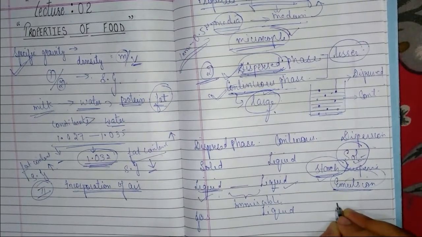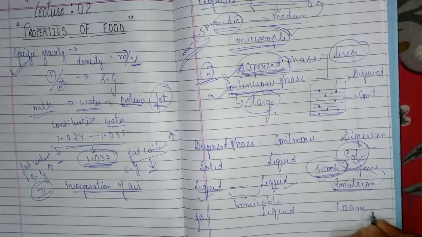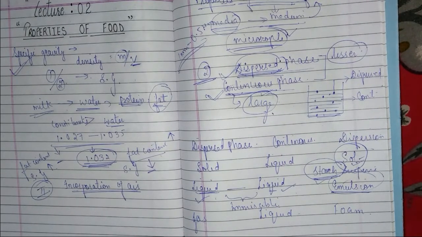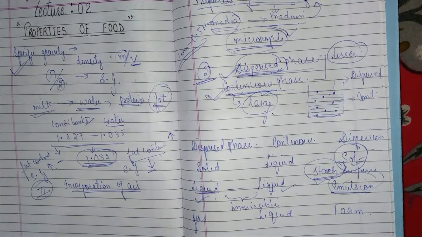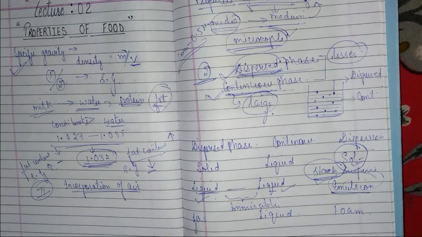It will form foam. If I take the example, when you beat egg during confectionery or baking, in the liquid egg we have the liquid yolk and the albumin part, and we beat that so that gas can be incorporated into it, and a thick foam is formed. The example is the beating of egg.